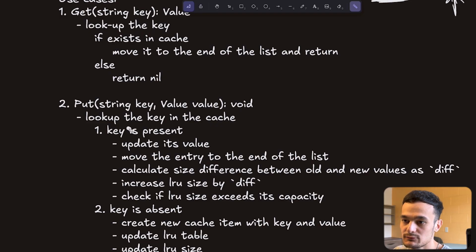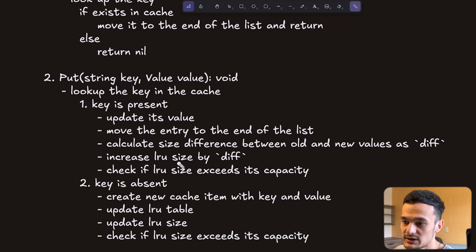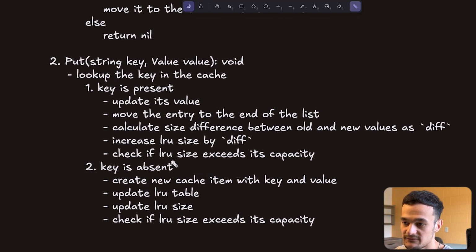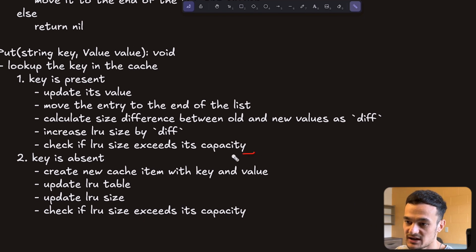Every time we update a key or insert a key, we need to update the size of the cache by this value, whatever it is. It might be positive or negative as well. Then we check if the LRU size exceeds the capacity. This is a checking operation.